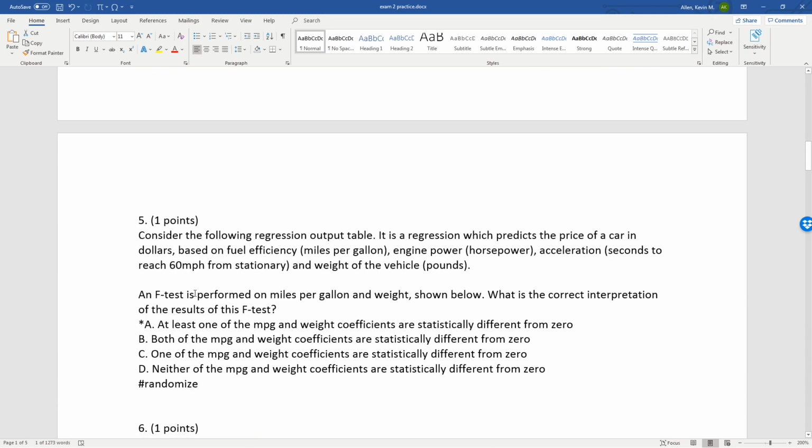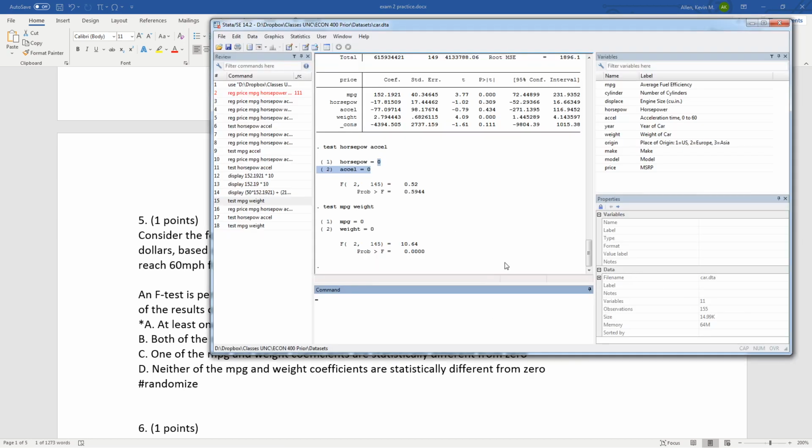Then we do the same thing, and I just do this to clarify what the interpretation of the F-test is. We perform an F-test on miles per gallon and weight, which again, that's what this F-test is. Again, the null hypothesis is this coefficient is equal to 0, and this coefficient is equal to 0.